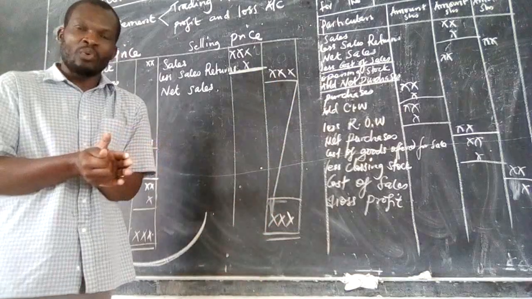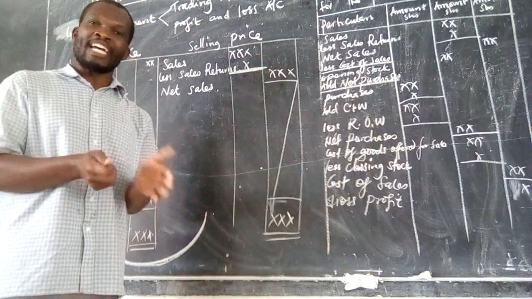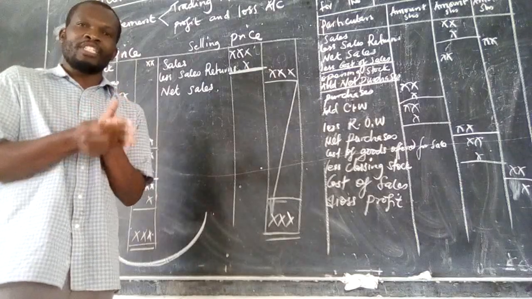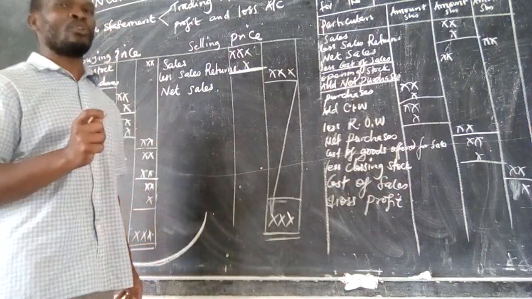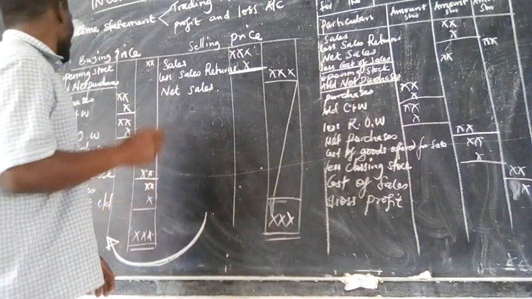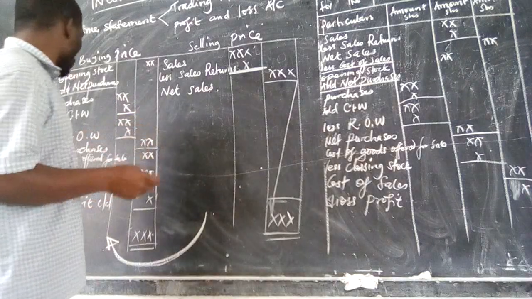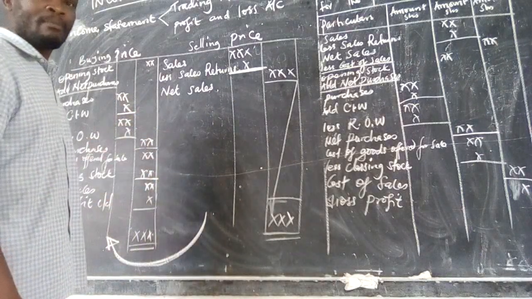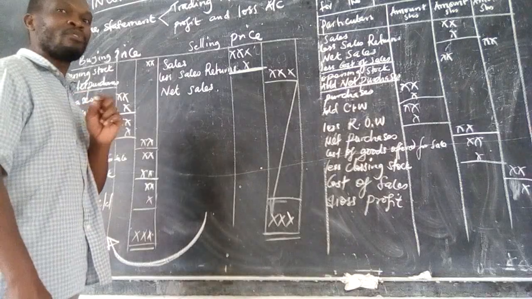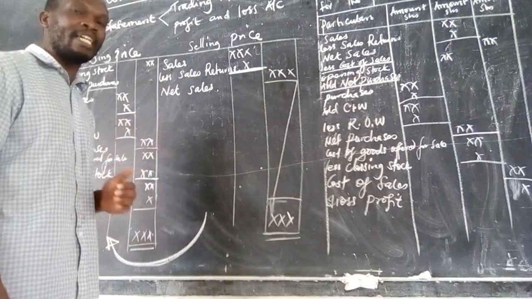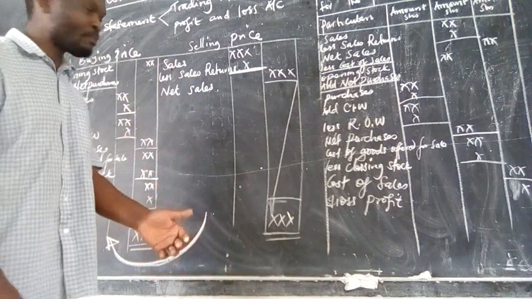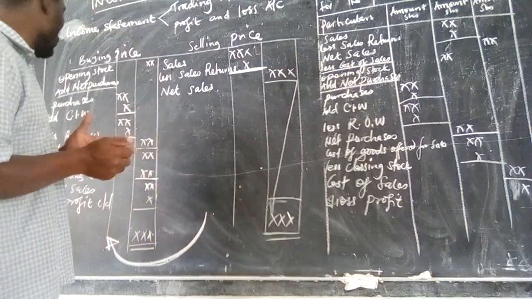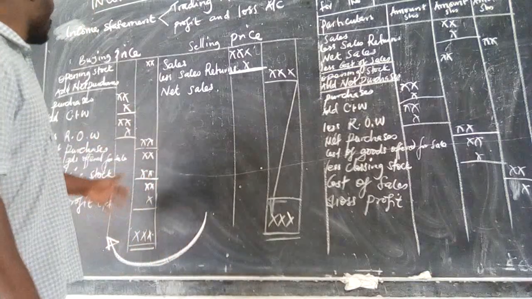So the total will be 22. The value of the 22 furniture is what we call cost of goods offered for sale, or cost of goods available for sale. Remember, these goods have not yet been sold. It is just the total of those goods available for sale.